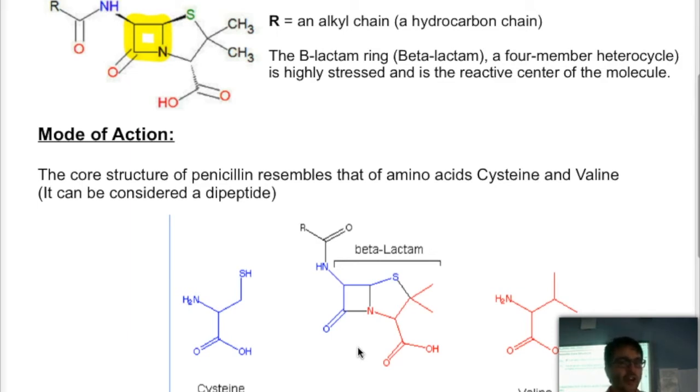Now let's look at some of the functional groups that are present here. Let me go ahead and circle them in red. This particular group happens to be an amide group. We have one amide group there and a second amide group over here.